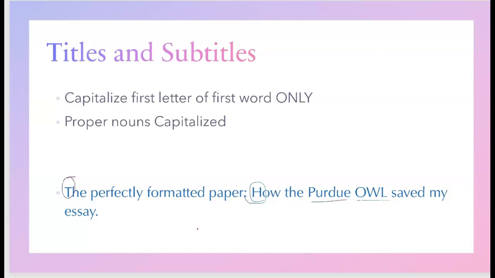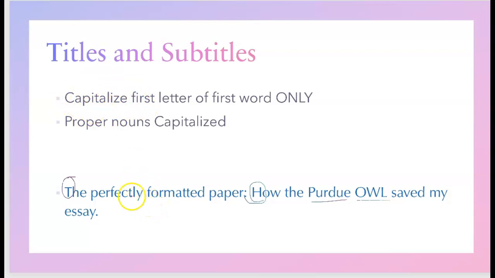And I have a video that I'm going to put in with the rest of these videos on formatting a citation. But a lot of times when you have these pre-generated citations, they have all of the information that you need, but they aren't formatted in APA format. So the first thing that you want to look at to make sure it's correct is how the titles are capitalized or not capitalized.